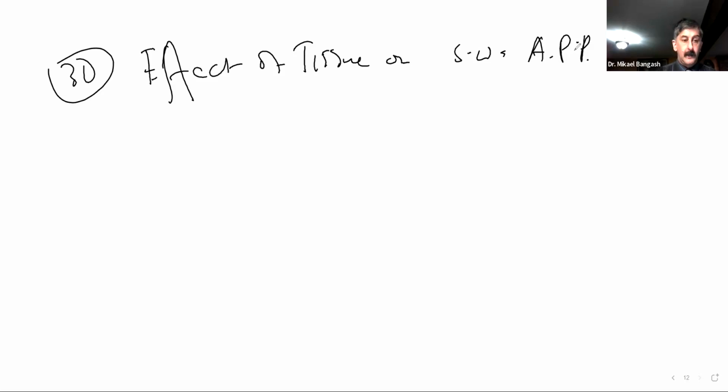What we mainly say is that the effect the tissue has upon the sound wave is that the power, the intensity, and the amplitude of the sound wave will reduce as it passes through tissue. Is that clear? Yes. Good.